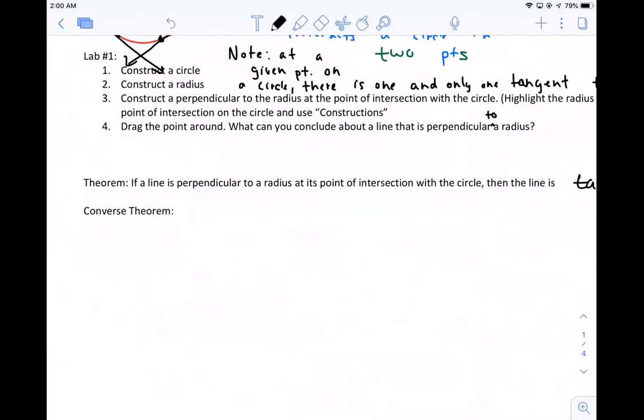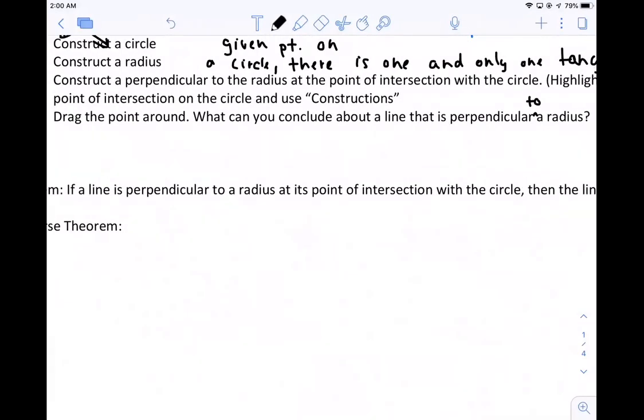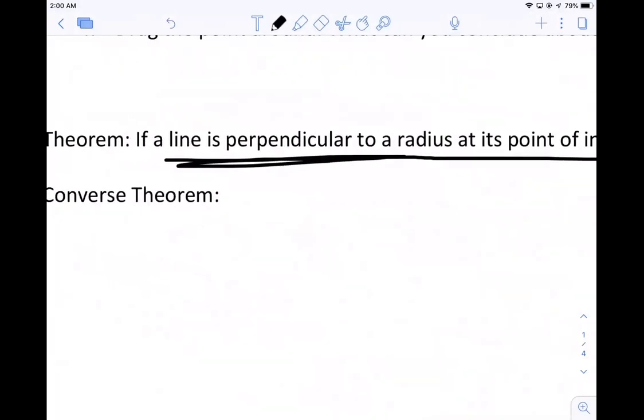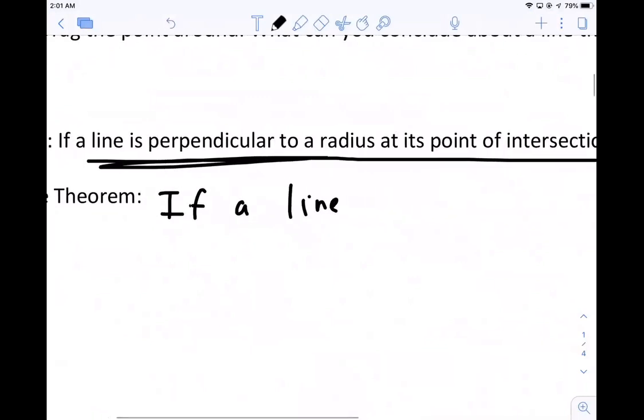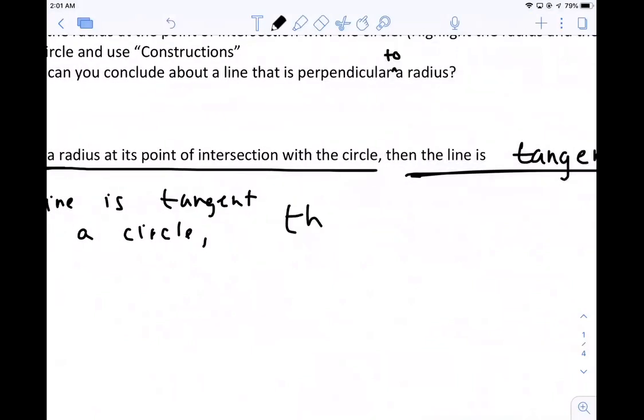Right, so the converse theorem is what you get when you switch the hypothesis and the conclusion. So our hypothesis was that a line is perpendicular to the radius at its point of intersection with the circle. And the conclusion was that the line is tangent. So our converse theorem is that if a line is tangent to a circle, then what must be true?